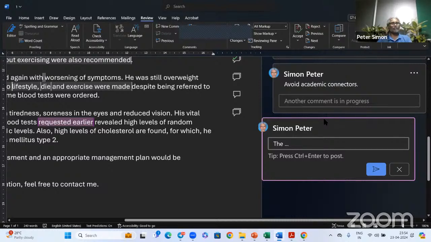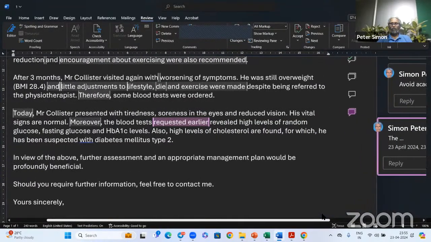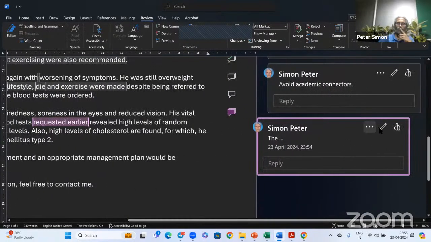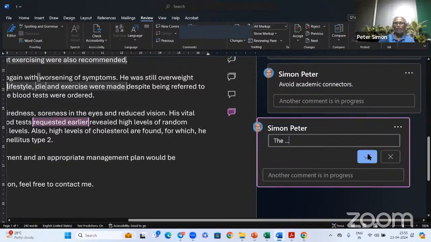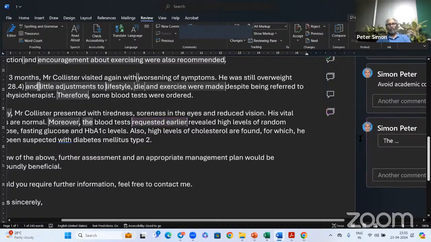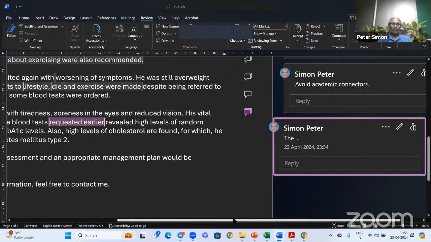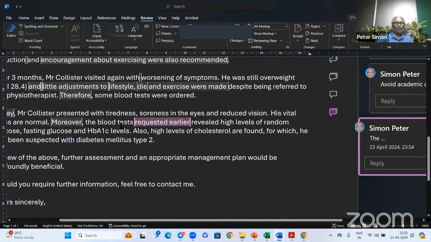The blood test revealed high levels of random. So what happened here?